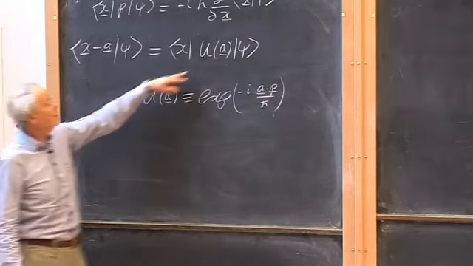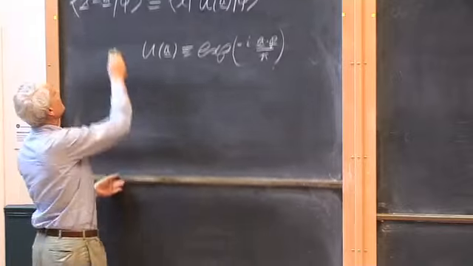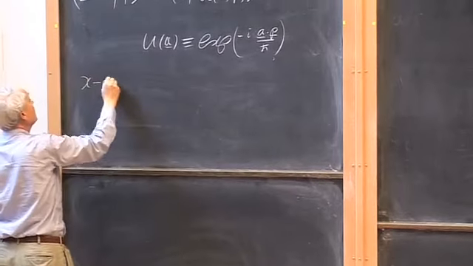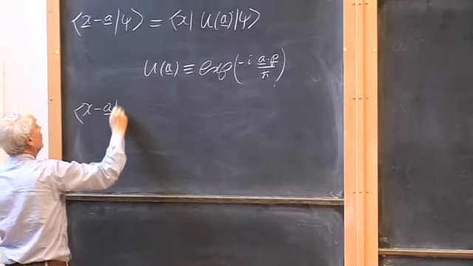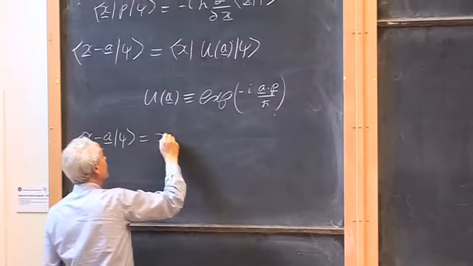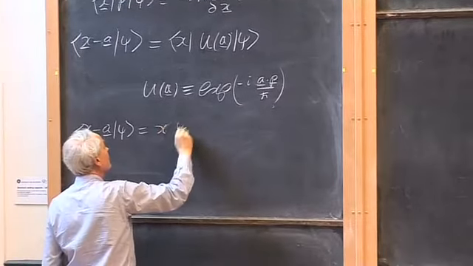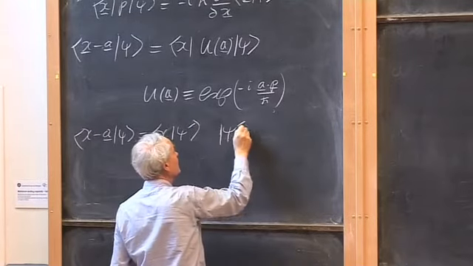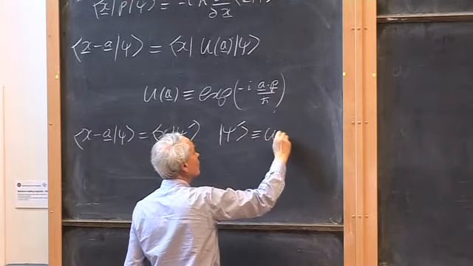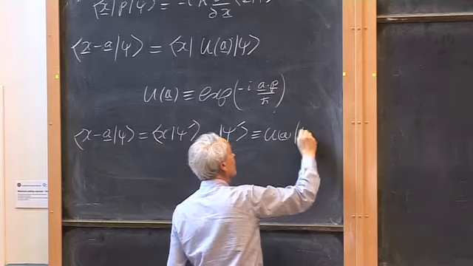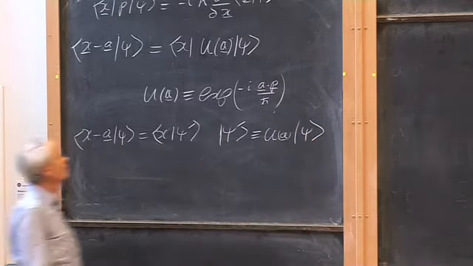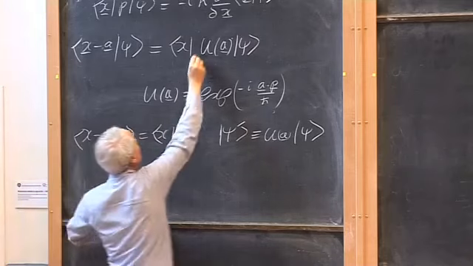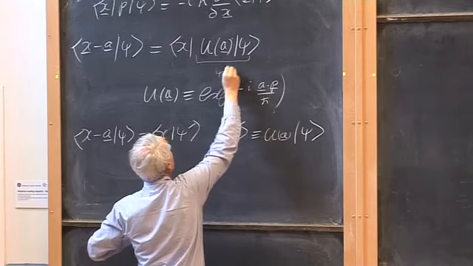So that's what u of a means. This could also be written as x minus a on psi is equal to x on psi primed, where psi primed, the ket, is by definition u, the operator, operating on psi. We've just called this thing psi primed.